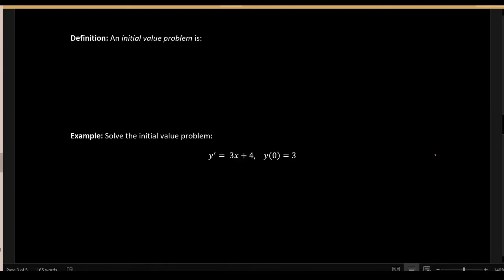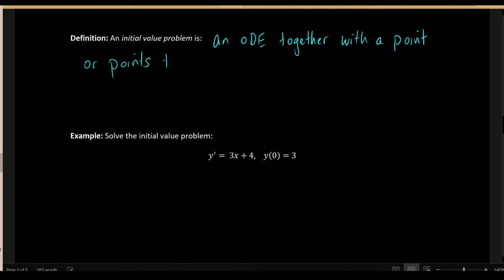An initial value problem is just a way for someone to specify which one of those solutions you should be interested in. An initial value problem is an ODE together with a point or points that a solution to the problem must pass through.